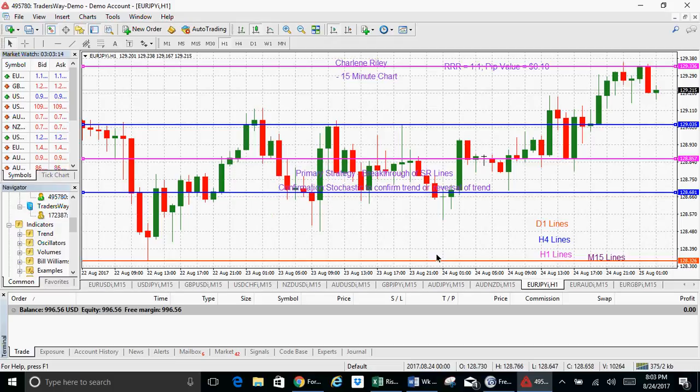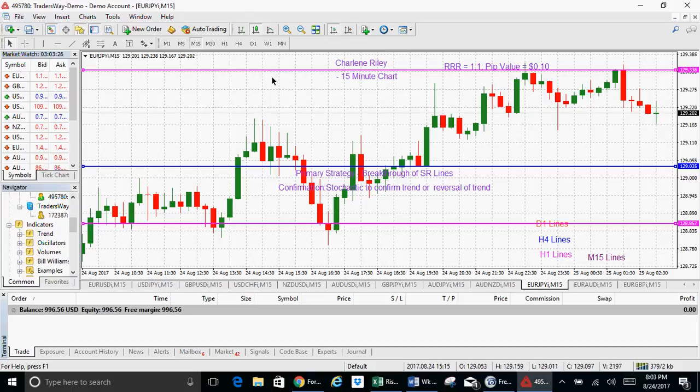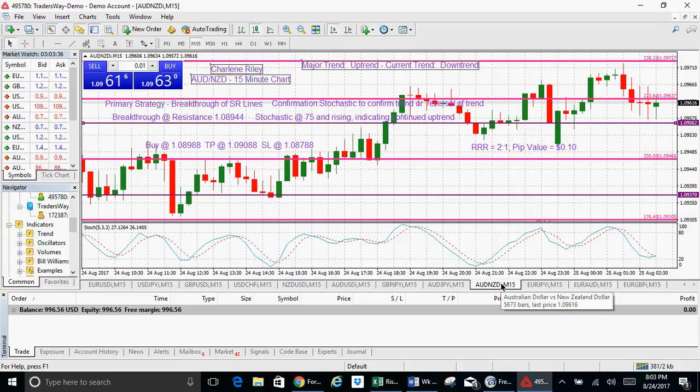Okay, so that's a good line there. And the market is getting close to a high. So now I go to my 15-minute chart, and I see the overall uptrend, but the current trend is a downtrend. Let's peek back over here.